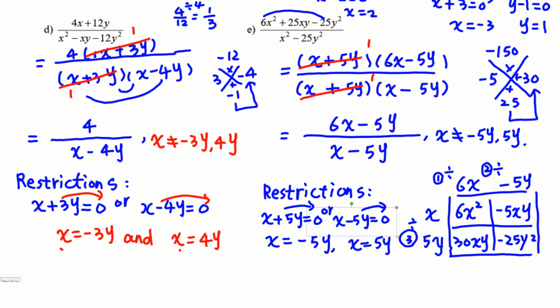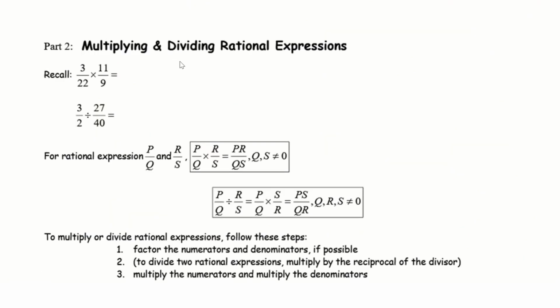Then we are going to start part 2, that is multiplying and dividing rational expressions. So it's similar to multiplying and dividing fractions. So we have fractions multiplying, then we times the numerator and we times the denominator.